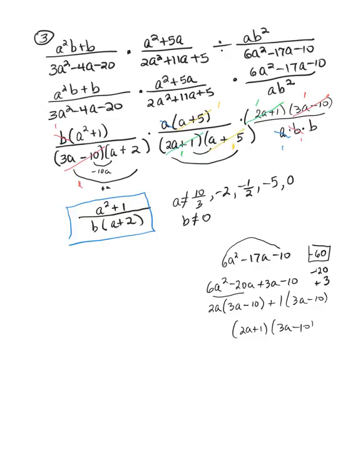When 2a plus 1 equals 0, a is negative a half, so that's good. And when 3a minus 10 equals 0, a equals 10/3, which is good. So these are the restrictions on the variables.